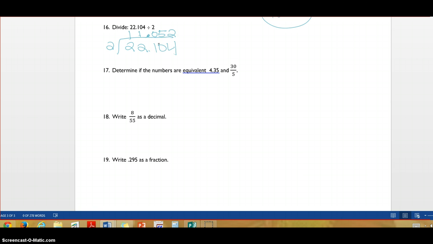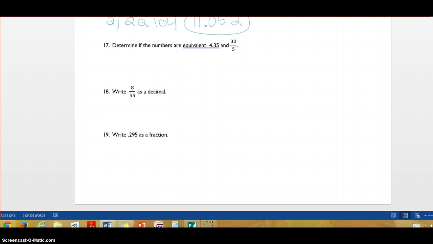Now that was a little bit of shorthand division, but your answer should be 11.052. We can talk more about that shorthand division in class later. So your answer should be 11 and 52 thousandths.